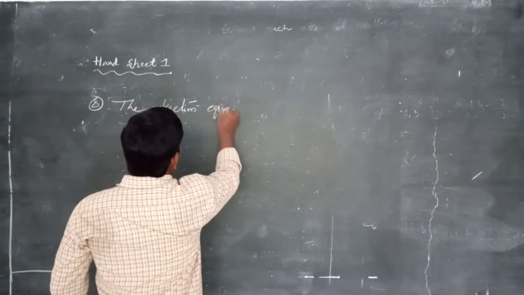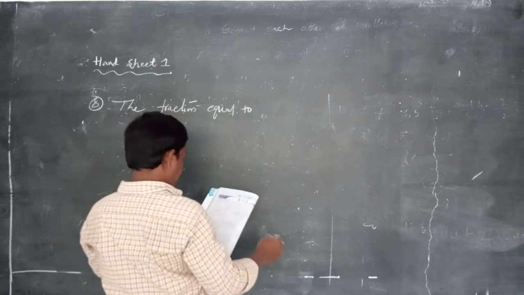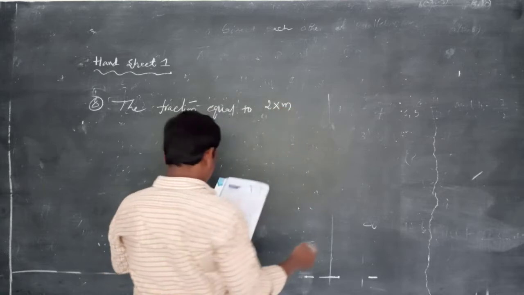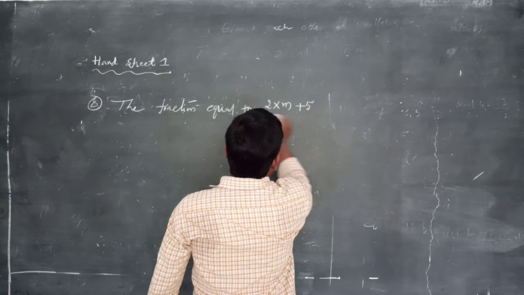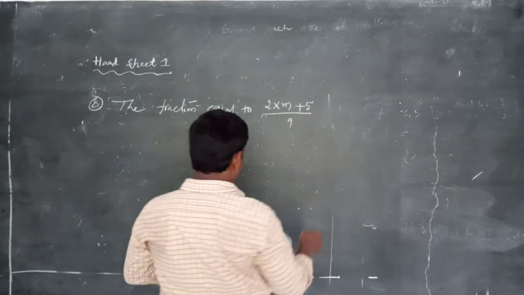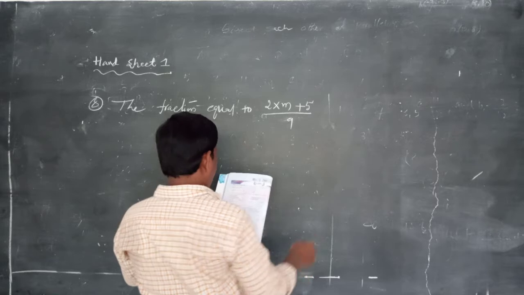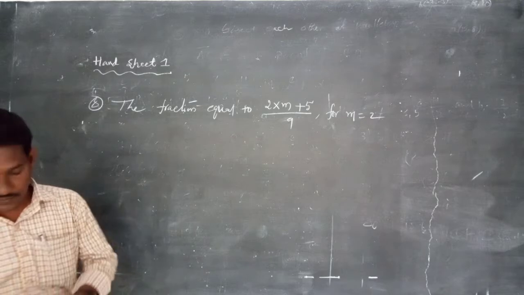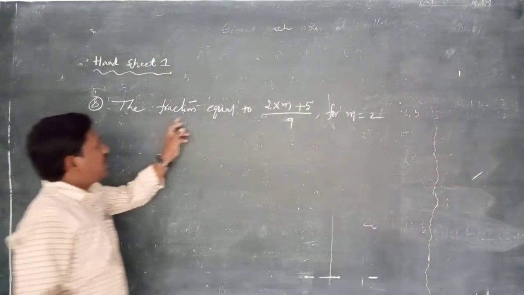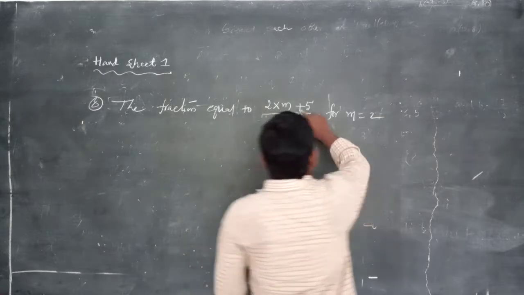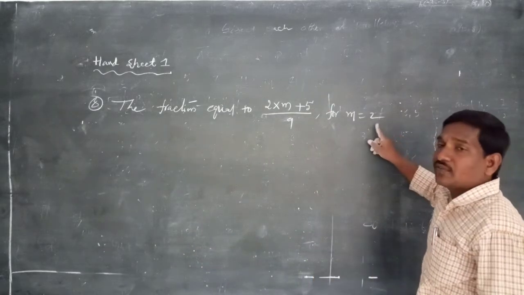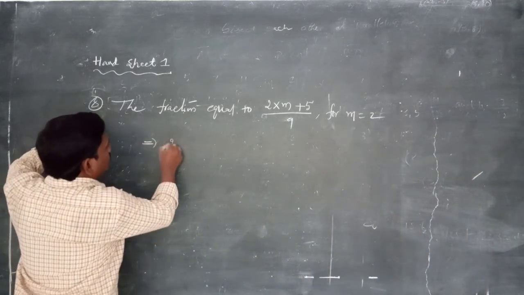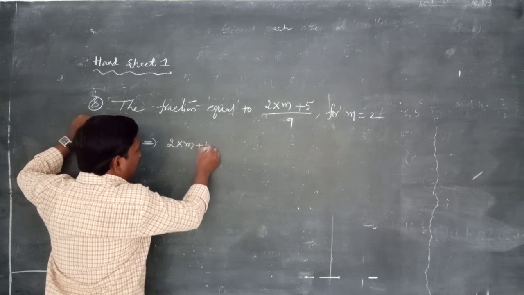So we have to substitute m equal to 2 in the given expression. Then write 2 into m plus 5 by 9.